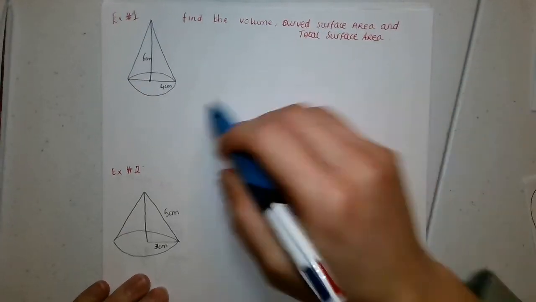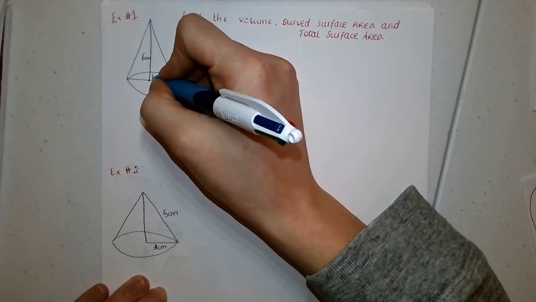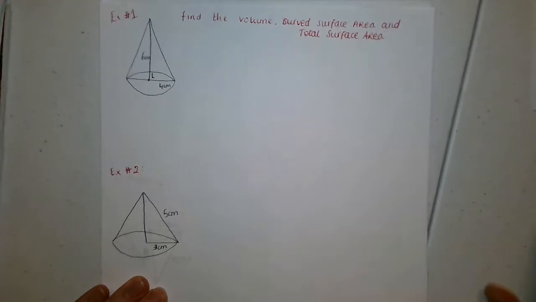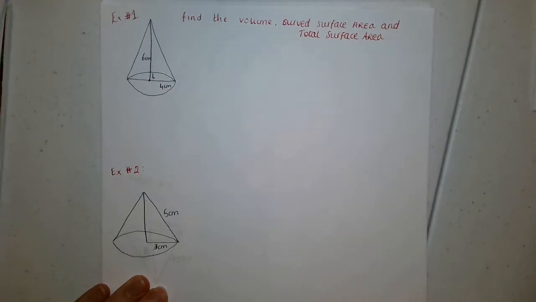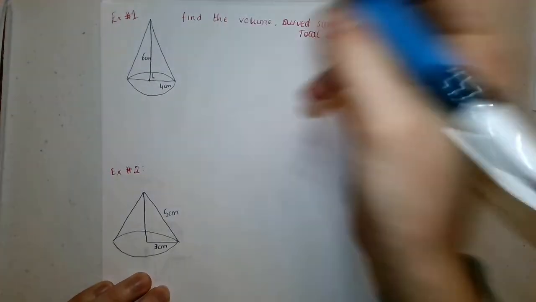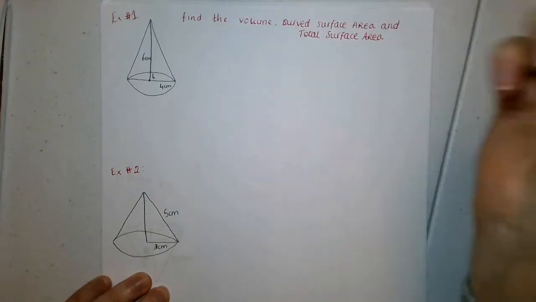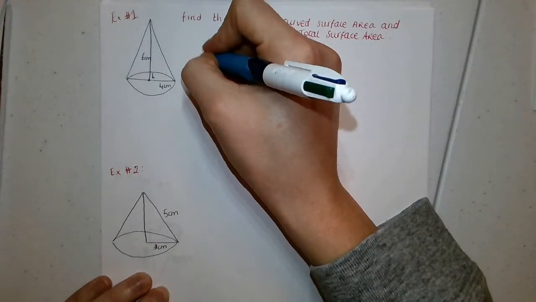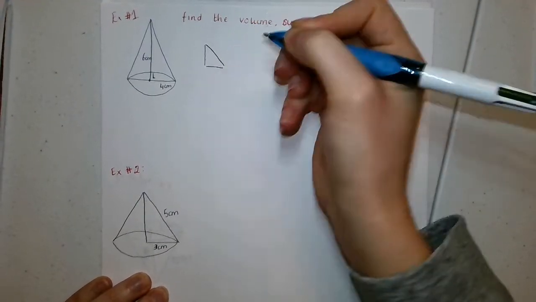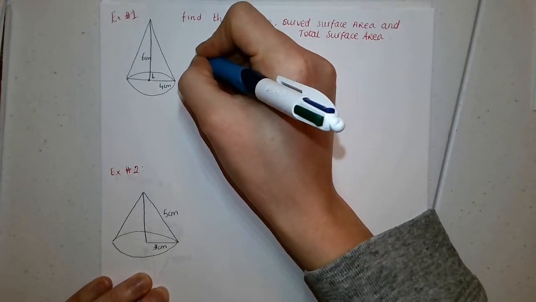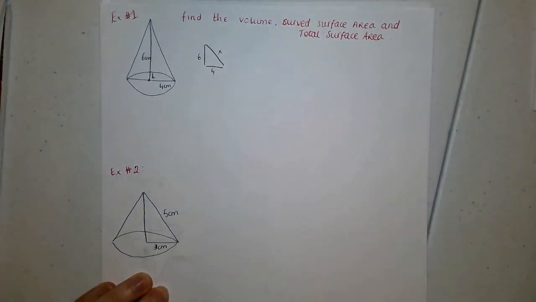The way that we find L here, if you recognise what shape this is, it's actually a right angled triangle. So we're going to use the theorem of Pythagoras to find the slant height first of all. I'm going to do a little sketch. This is 4, this is 6, and we're looking for x.